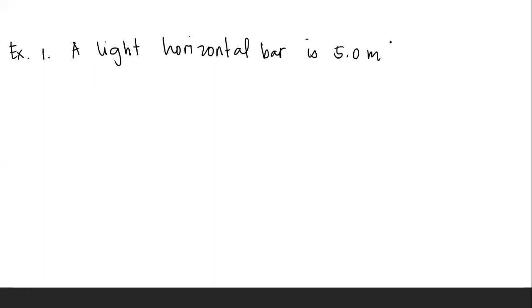Example number 1. A light horizontal bar is 5.0 meters long.